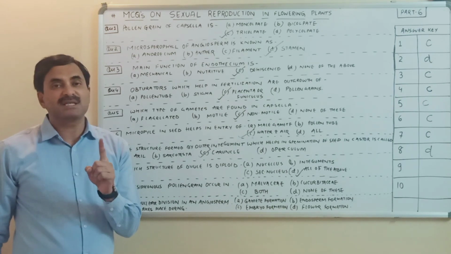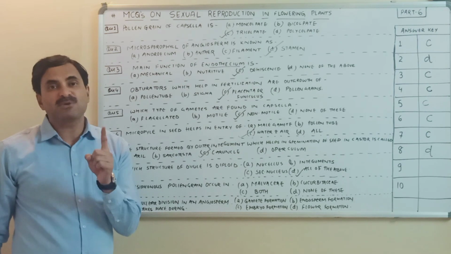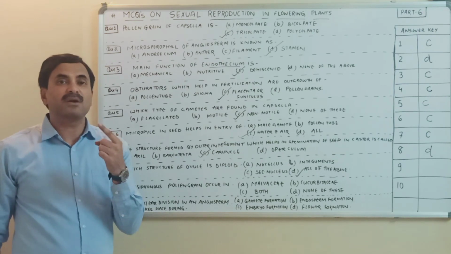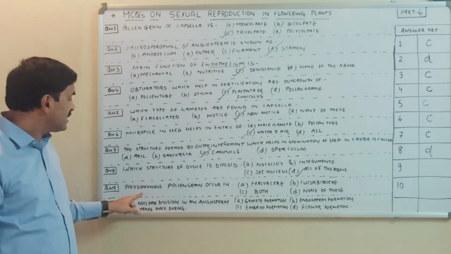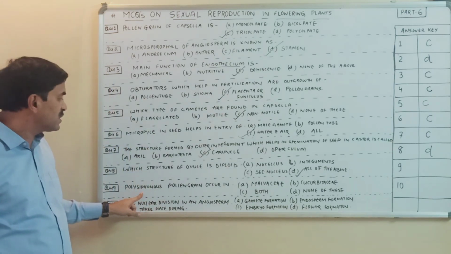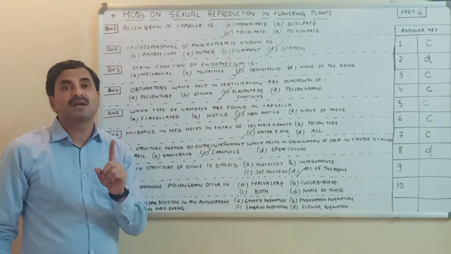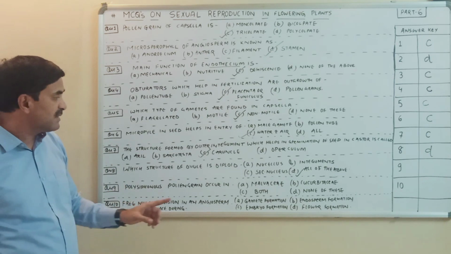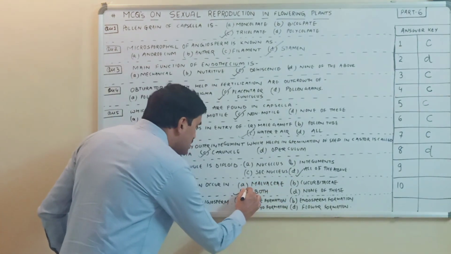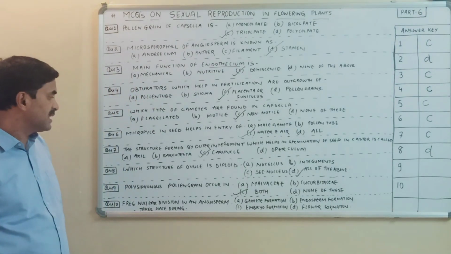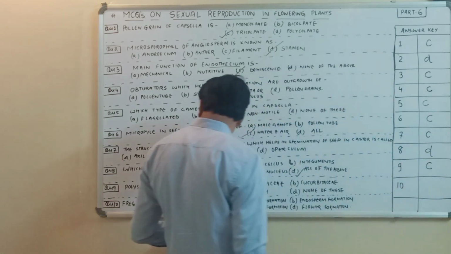But there are a few plants or families in which from each pollen grain more than one, or we can say many, pollen tubes can arise, and that condition is called the polysiphonous condition. Generally it occurs in the Malvaceae family and the Cucurbitaceae family. So answer must be Malvaceae and Cucurbitaceae families both. So question number 9 has the answer C.